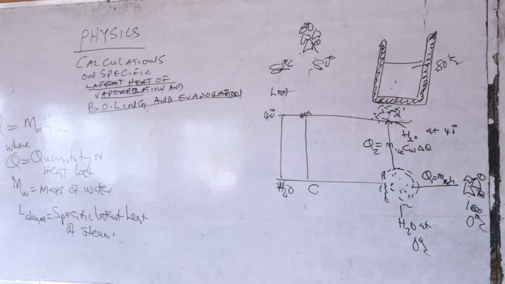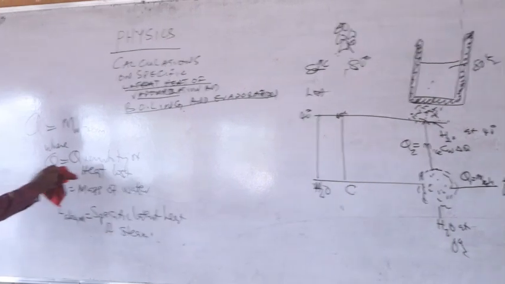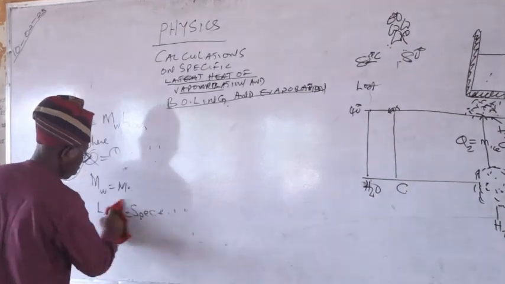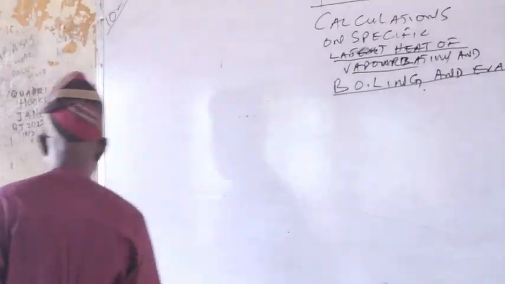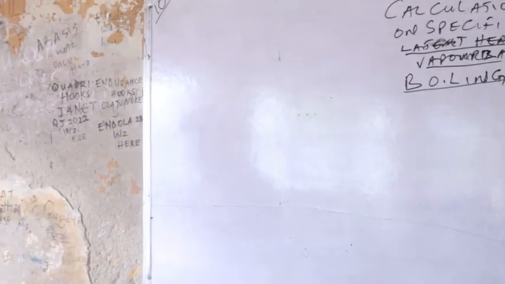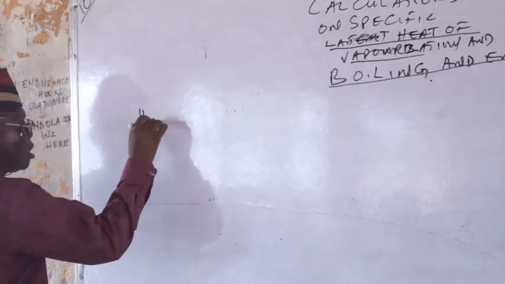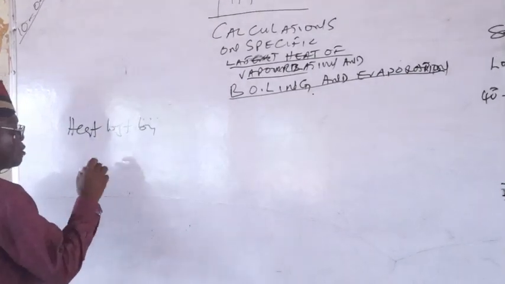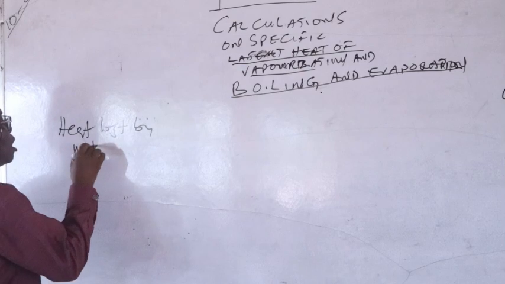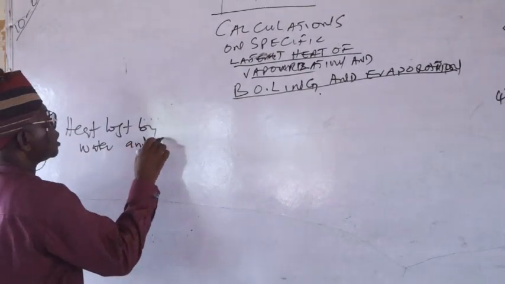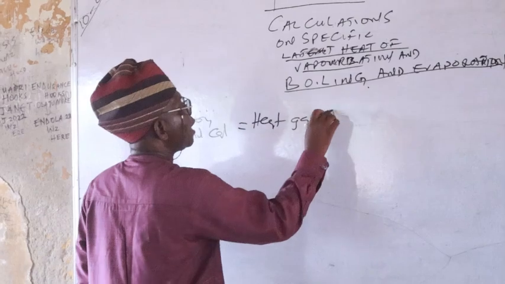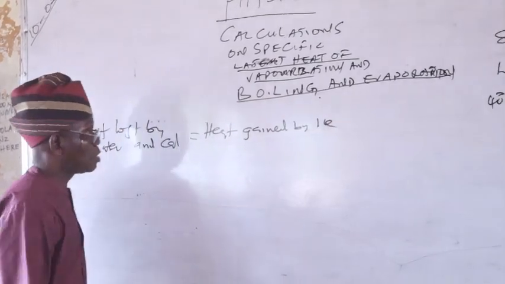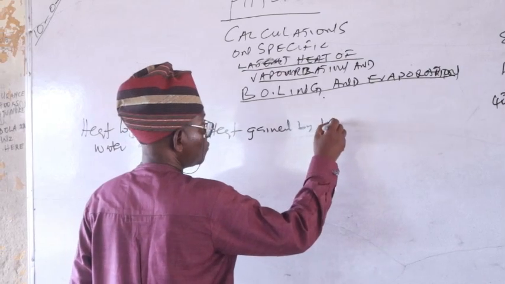So mathematically, I can express this. How? I can simply say heat lost by water and calorimeter equals heat gained by ice block. So you have physics there: heat lost by water and calorimeter equals heat gained by ice block, of course.